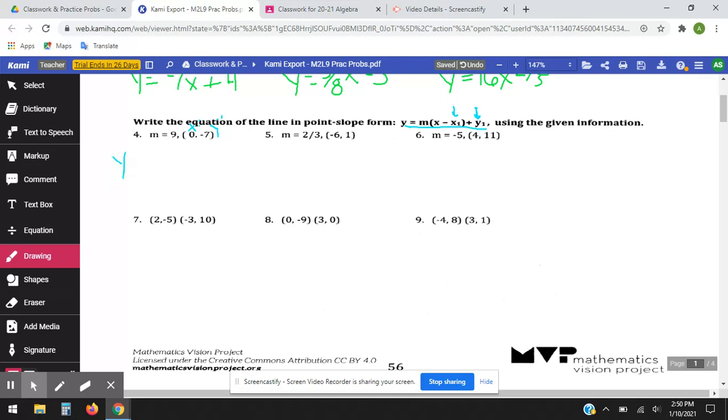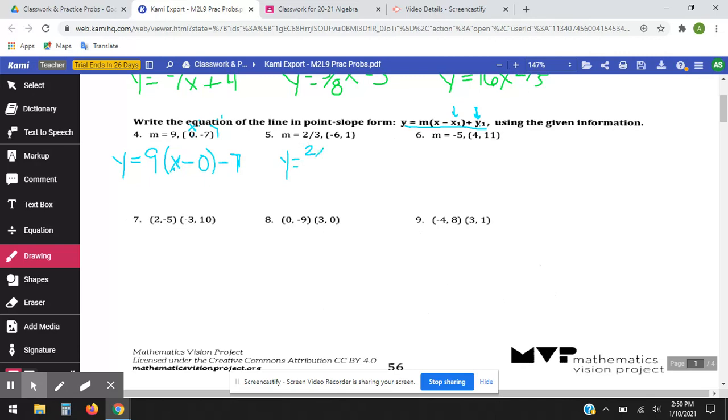Same idea, y equals, m is 9, but I want to do parentheses, x minus, and in this case it's 0, and then plus y1, which in this case is a plus -7, so -7. Then we're done.